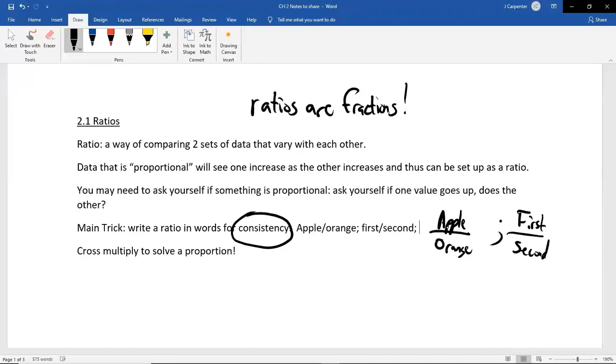Student A writes 2 over 3 because they wrote apples over oranges first in terms of words, but then student B might write 3 over 2 because they chose to do oranges over apples. That's perfectly fine because when they set up the rest of their proportion, they'll continue to do whichever they said they're going to do, apples over oranges or oranges over apples, and everything will be okay. Again, it's consistency that is key.